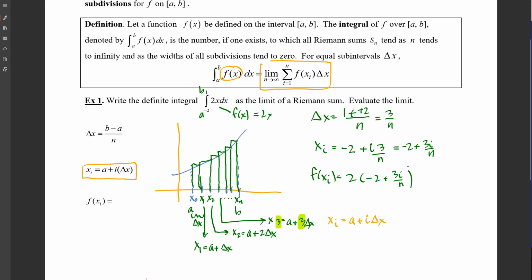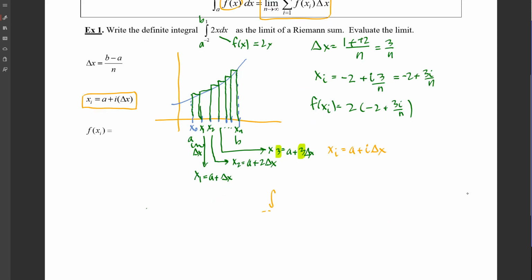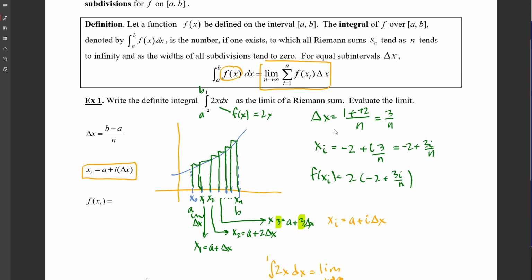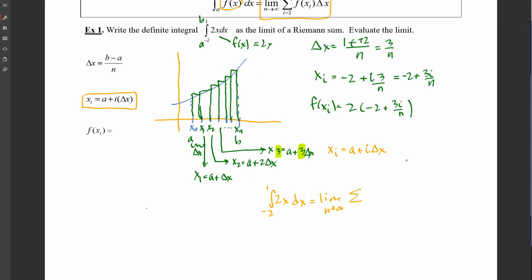Once I find my variables, I plug them into this limit equation right here. The integral from negative 2 to 1 of 2x dx is equal to the limit as n goes to infinity. I'm basically just copying this formula up here, from I equals 1 to n.